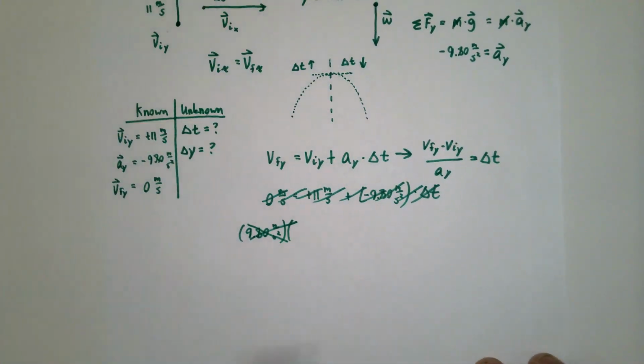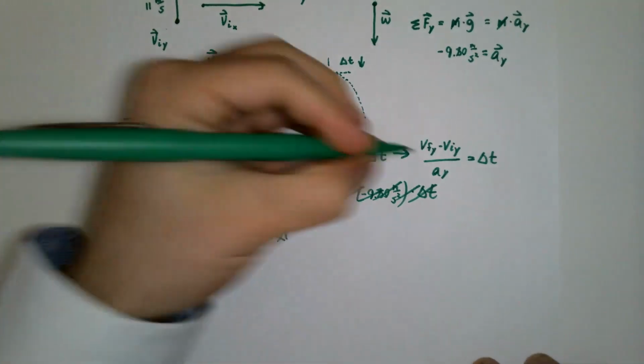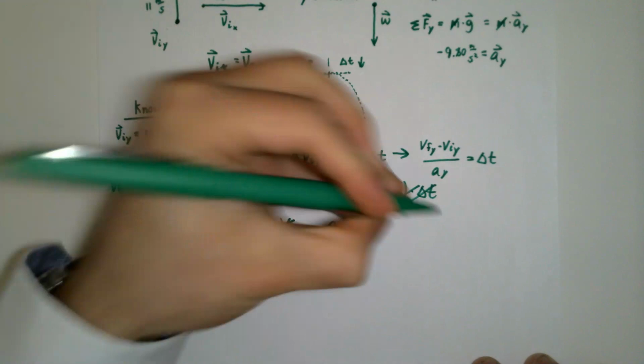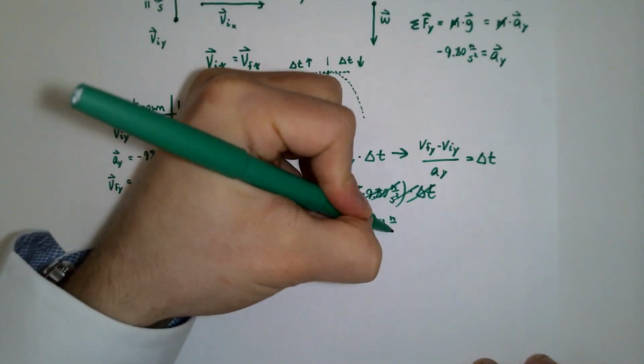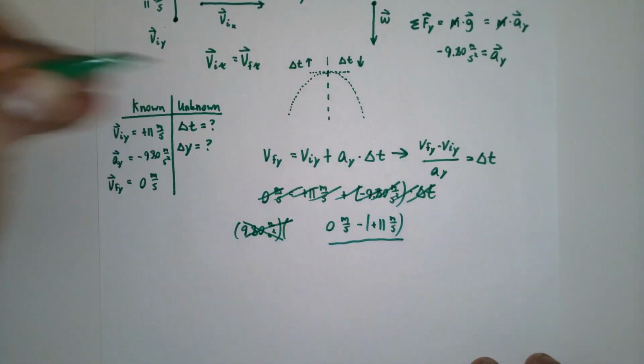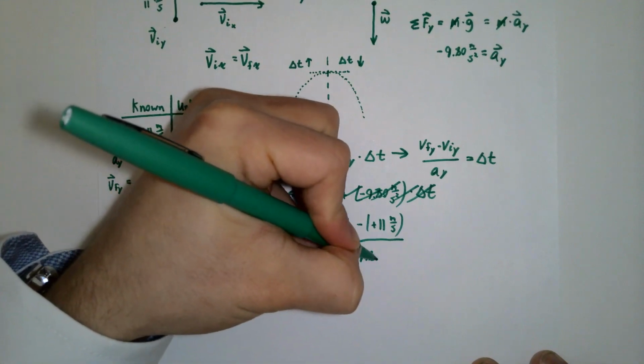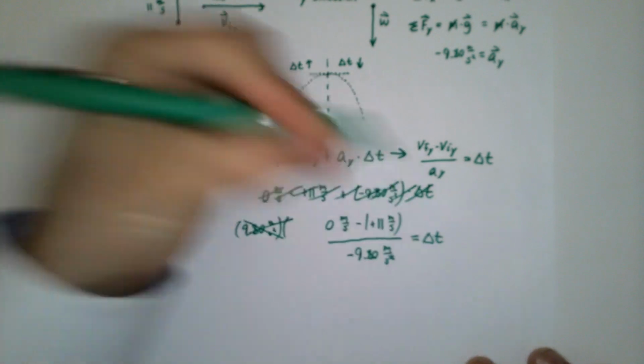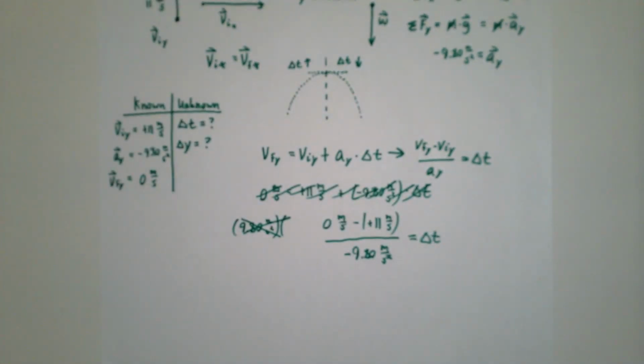I'm going to remove this and now input our quantities into here. Final velocity is 0 meters per second. Our initial velocity is positive 11 meters per second, divided by our acceleration of negative 9.80 meters per second squared. That is our time. That's the amount of time that it takes for our tomato to reach its maximum height.